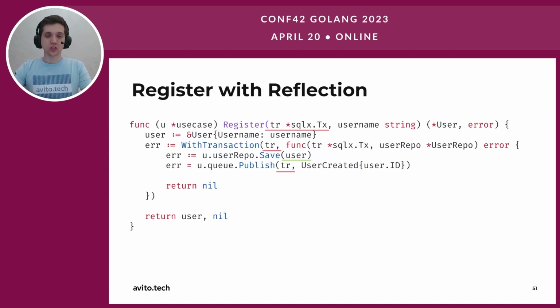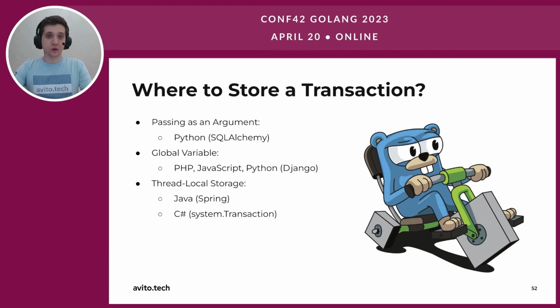However, reflection is not the Golang way, and we still should pass the transaction in the use cases and the queue. Also, explicit passing spreads knowledge about the database through the application and where we can store a transaction. Let's see how other languages solve this issue.